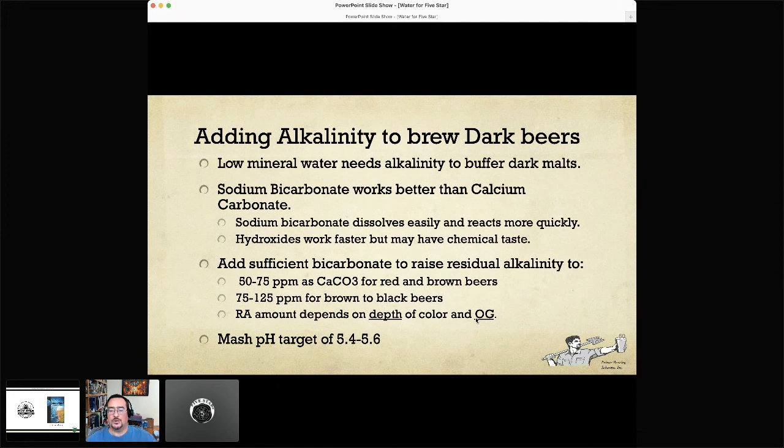Exactly how much specialty and roast malts you're putting into that recipe, as well as the original gravity of that style. You know, an imperial stout is going to need more buffering than a regular Irish stout. Makes sense, right? Mash pH target again, a little higher end of the range, 5.4 to 5.6 as a guideline.